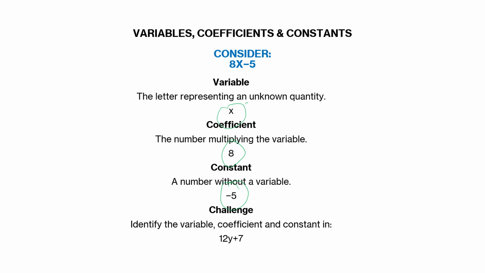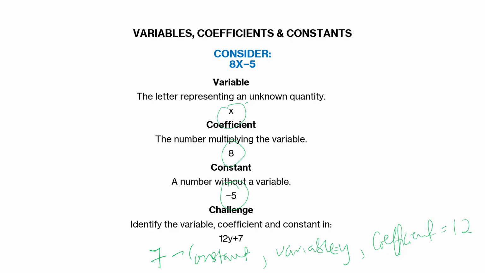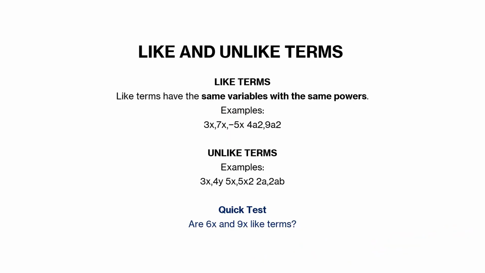Identify the coefficient and constant in this expression: 12y plus 7. The constant is 7. Our variable is y, and our coefficient is 12. I believe you are following.